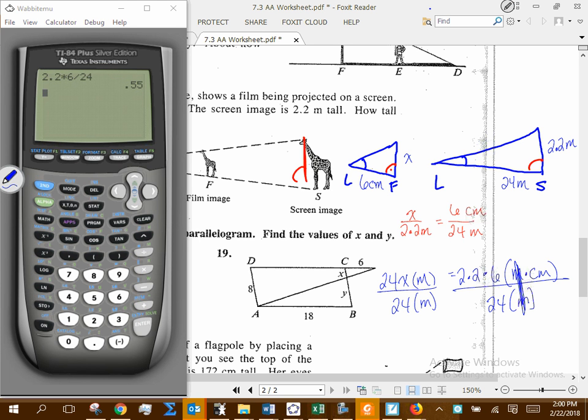If I got 0.55 but then I put M in there, I'm wrong, right? So we have to be able to know the units, because that's as important as the number that's attached to it. So this is kind of what I would do, guys. I would take this 2.2 meters and change it right now into what?